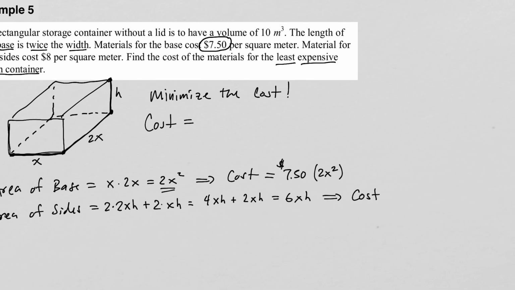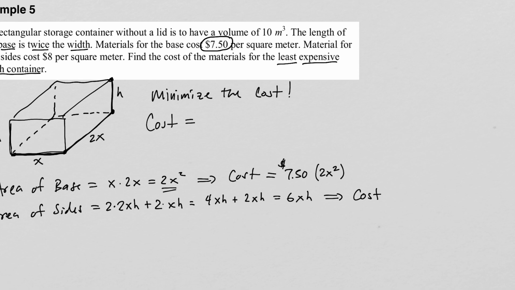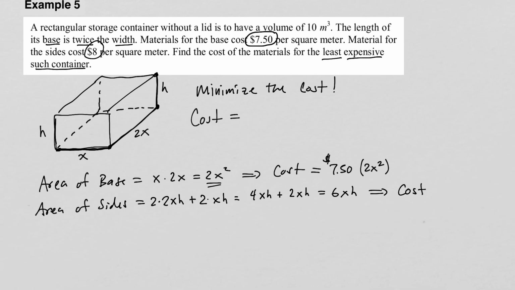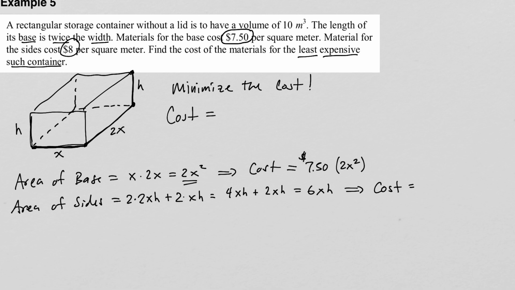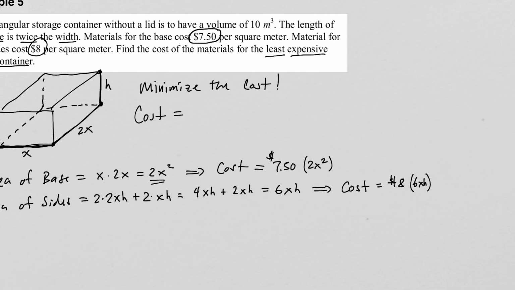So then the cost of the sides is going to be the cost per square meter, which is $8, multiplied by that area, 6xh. So the total cost for making the box is going to be the cost of the base. Let's go ahead and multiply this out. 7.5 times 2 is 15.